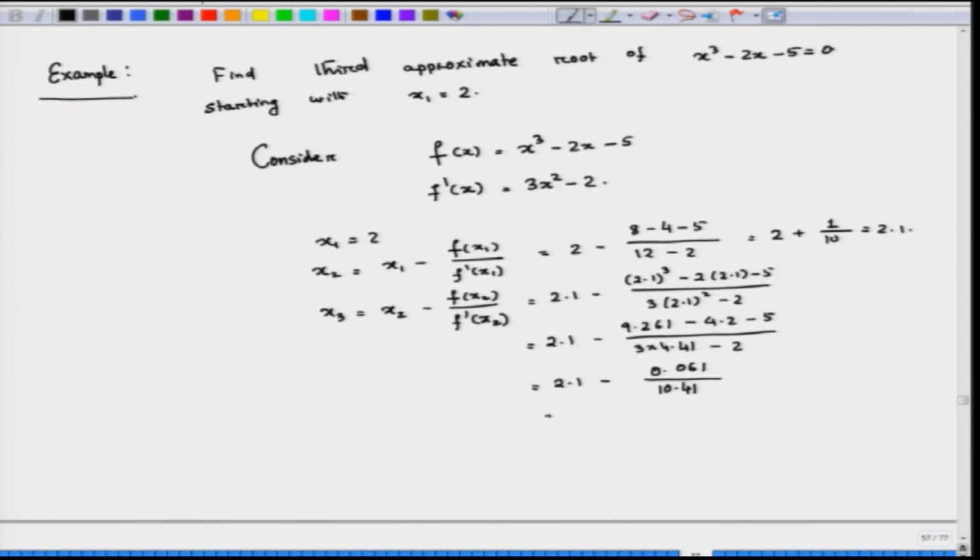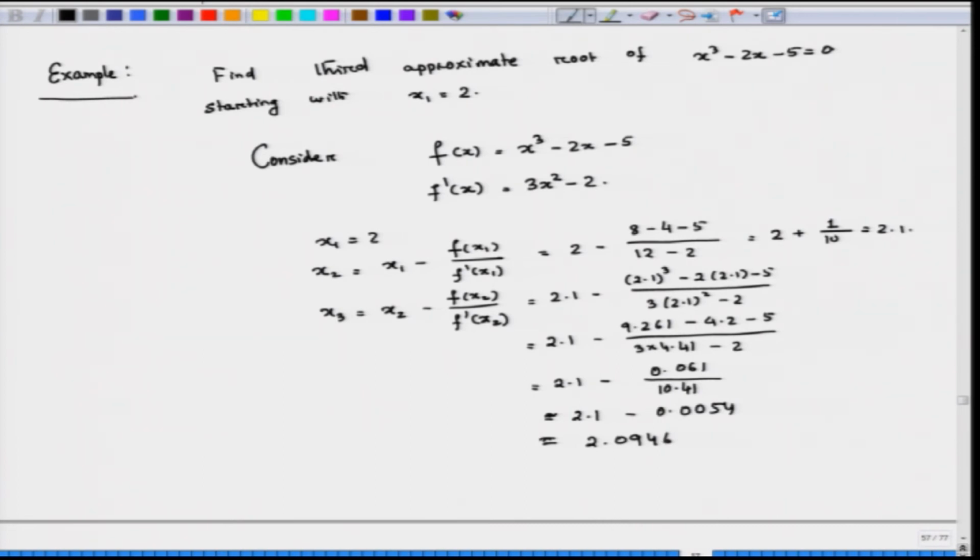Now, this is going to be 2.1 minus approximately, which is equal to 0.0054. So, which is equal to 2.0946.